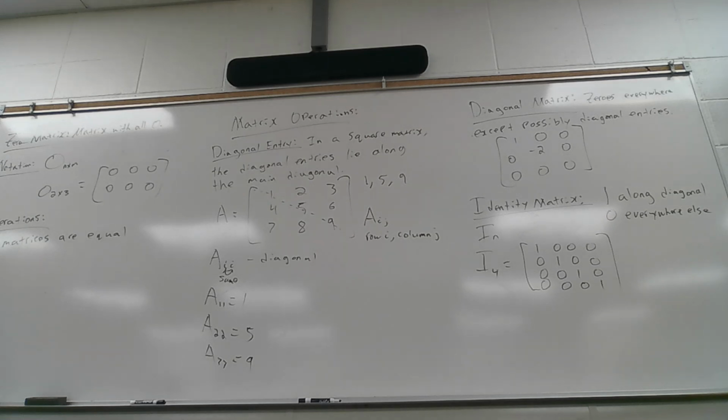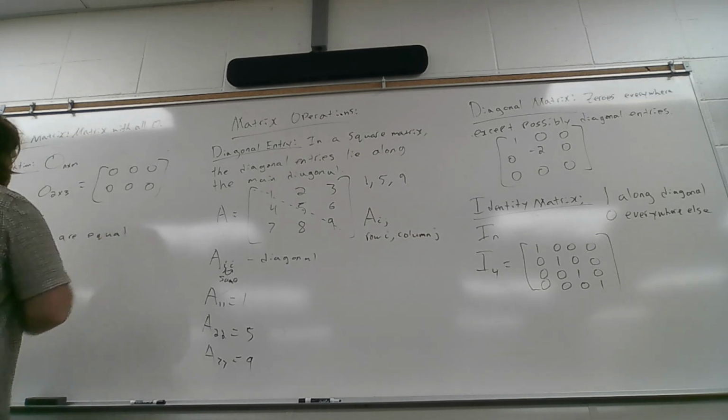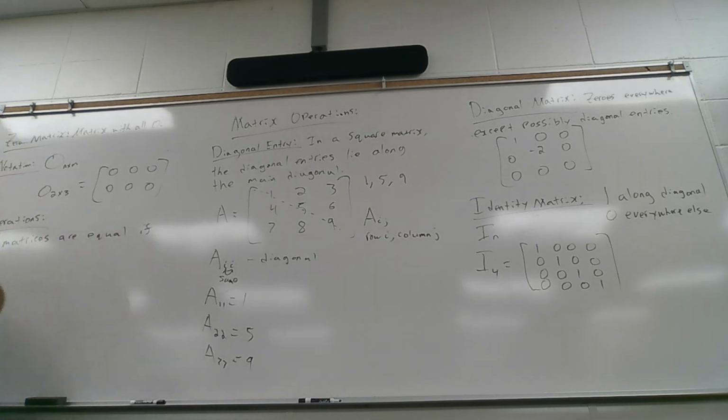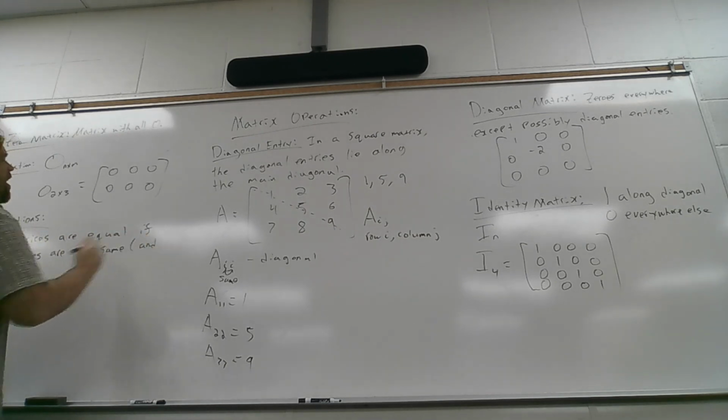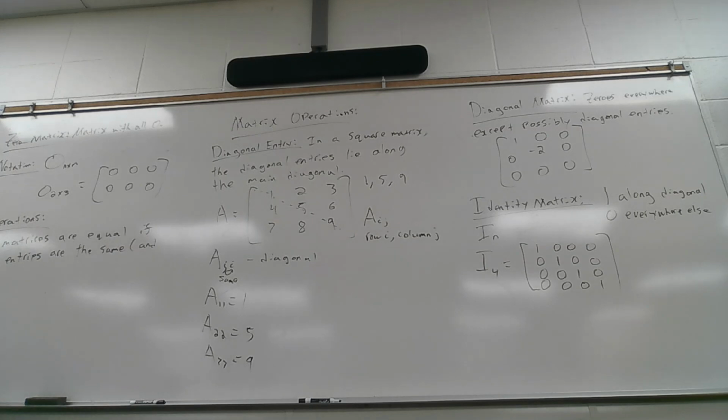Two vectors were equal if you went down them and all of their entries were the same. Same thing for matrices, right? We just compare the entries, we go along them, they better all be the same. Two matrices are equal if their entries are the same. And this sort of comes from that automatically, but there is something that we should explicitly say. They also have to have the same size.